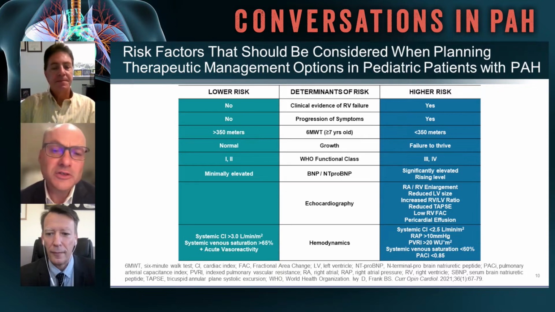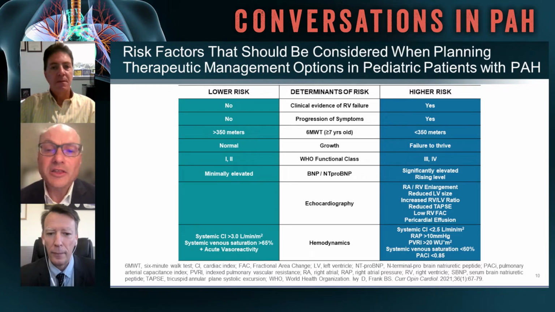And so you don't see an intermediate risk group just because we have not been able to define that. I think many of the features of high risk are similar to the adults. And again, we adapted the adult low, intermediate, and high risk for pediatrics based upon sometimes only a few papers.